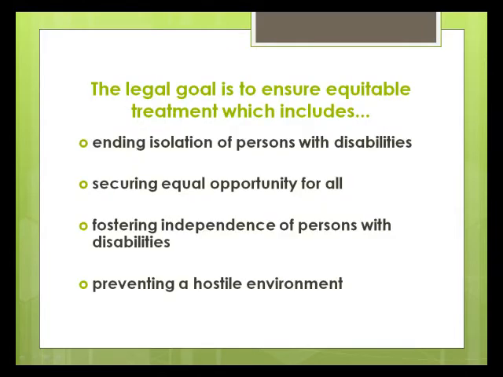The legal goal is to ensure equitable treatment, which includes ending isolation of persons with disabilities, securing equal opportunity for all, fostering independence of persons with disabilities, preventing a hostile environment.